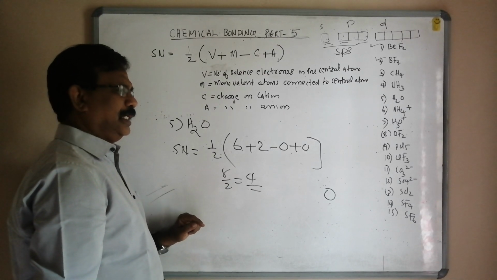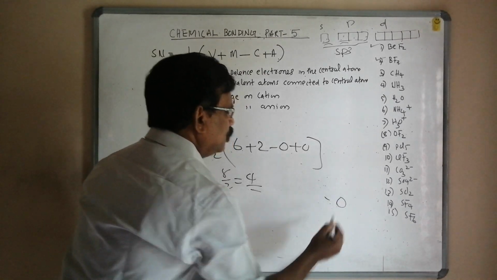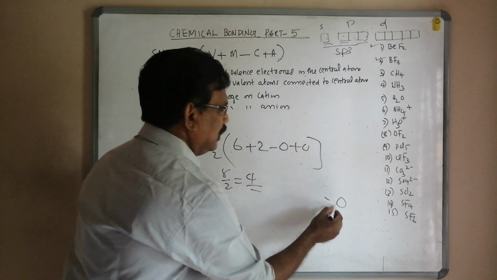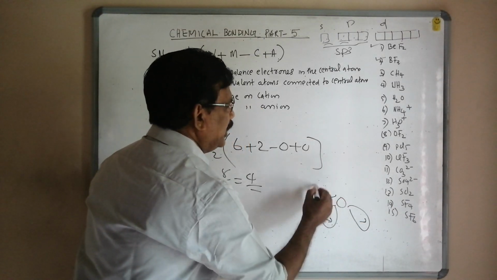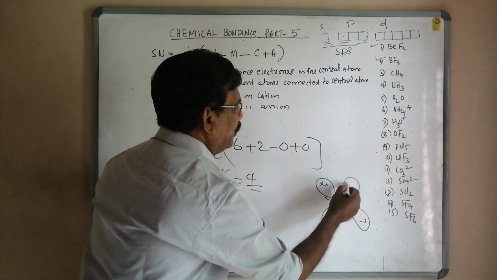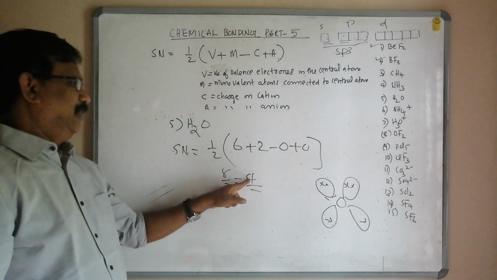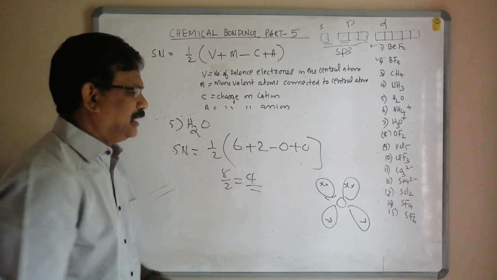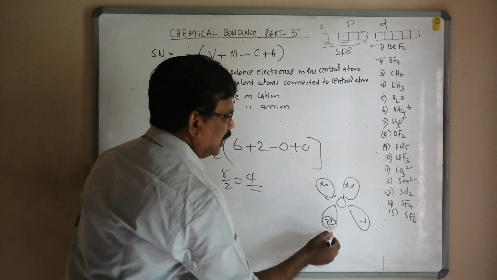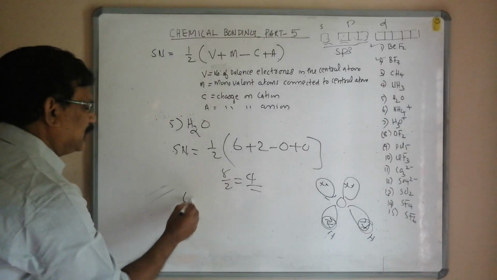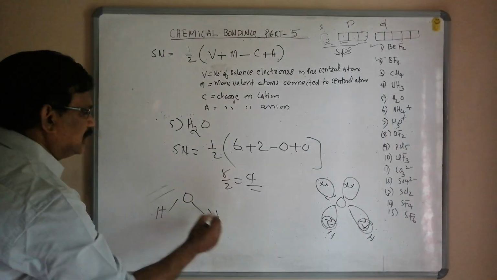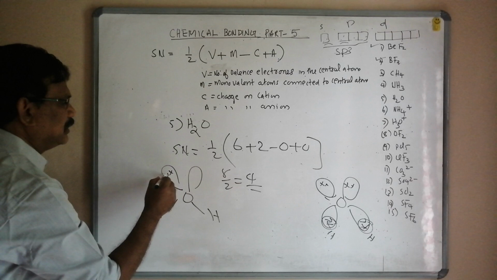4 hybrid orbitals on oxygen. 2 orbitals for hydrogen, and the remaining 2 orbitals carry lone pairs. H will overlap here and H will overlap here. So this is the water molecule, O, H, H, with the 2 lone pairs.